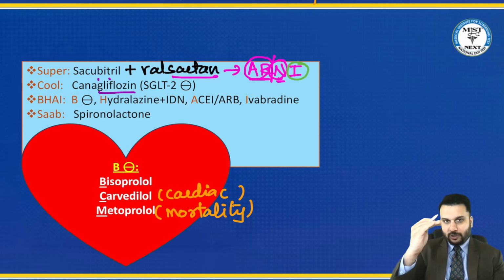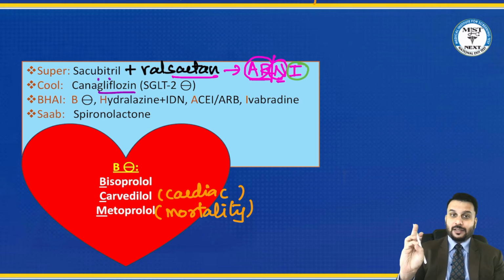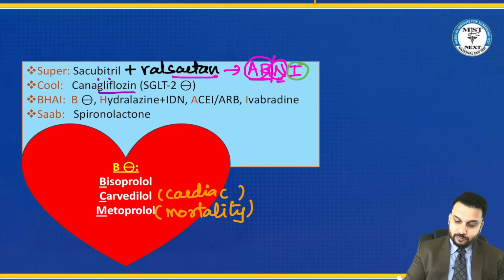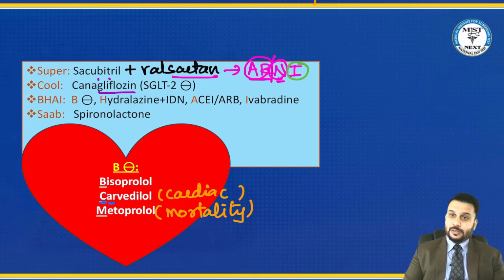Those drugs are bisoprolol, carvedilol, and metoprolol. Okay, carvedilol is a special drug. C for calcium, A for alpha blocker. It has extra properties. Carvedilol is a calcium plus alpha blocker. To an extent, it also has something called an antioxidant effect. Okay.